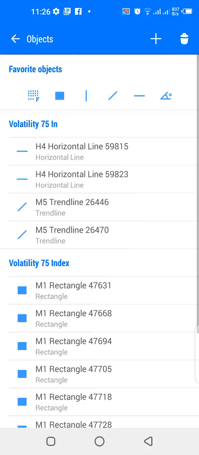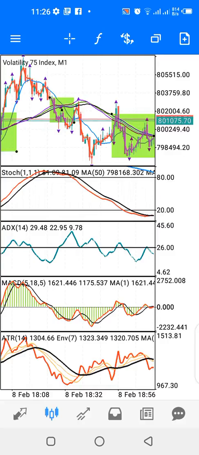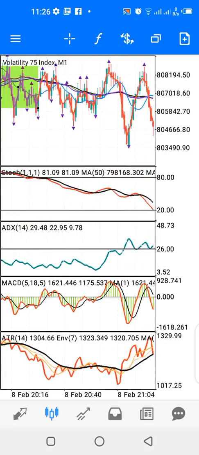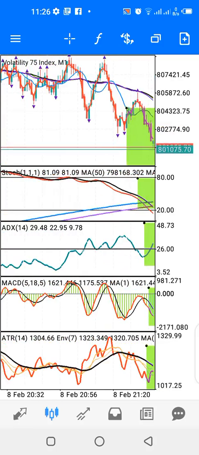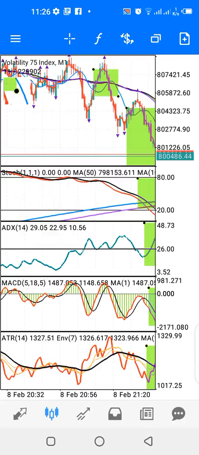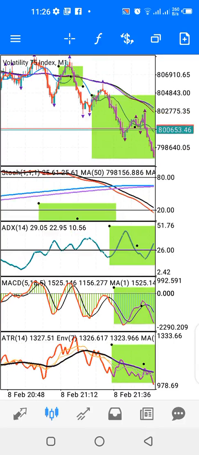The cross down of the red and the blue lines crosses down on the green, purple and black lines. Like you have a cross down here.